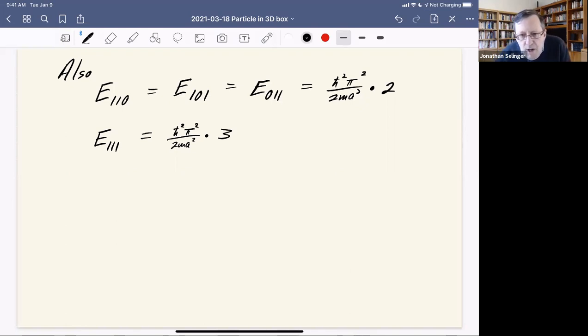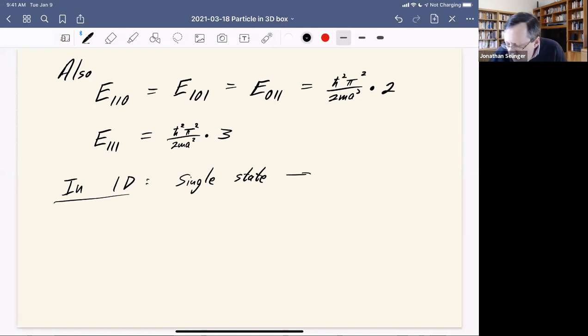And what we found then was that in 1D, if you have a single state, there is no time dependence.